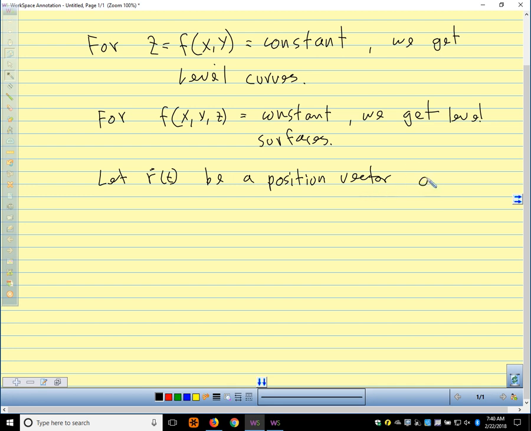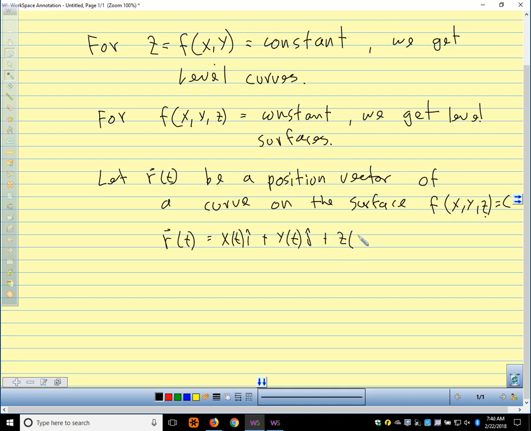This is a position vector of a curve on the surface f of x, y, z equals a constant. So I'm going to write r of t in terms of its components: x of t i hat plus y of t j hat plus z of t k hat.